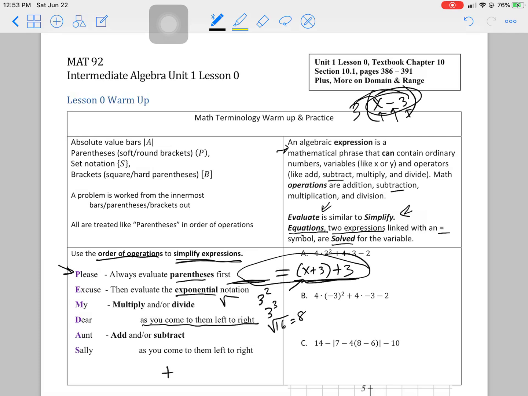So if you have a division in the problem before a multiplication, you want to do the division first. So it's multiply and or divide as you come to them left to right, and then you add and subtract anything that's left.